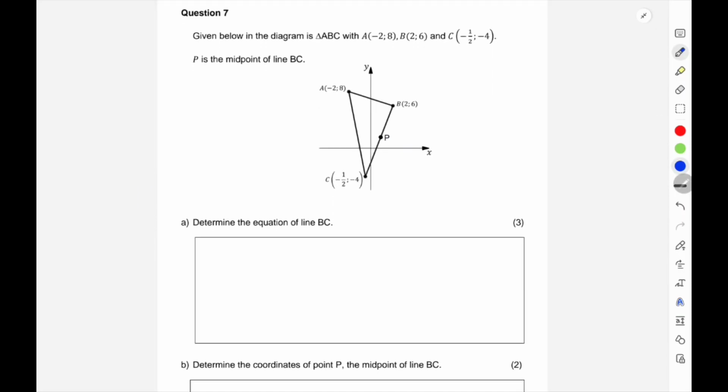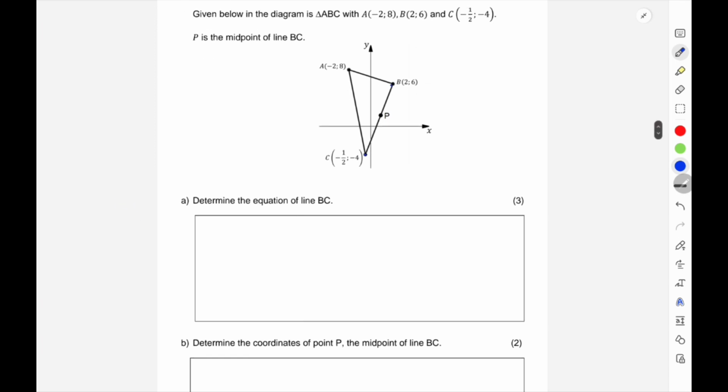Okay, given below in the diagram is triangle ABC, with A (-2, 8), B (2, 6), and C (-1/2, -4). P is the midpoint of BC, and determine the equation of line BC.